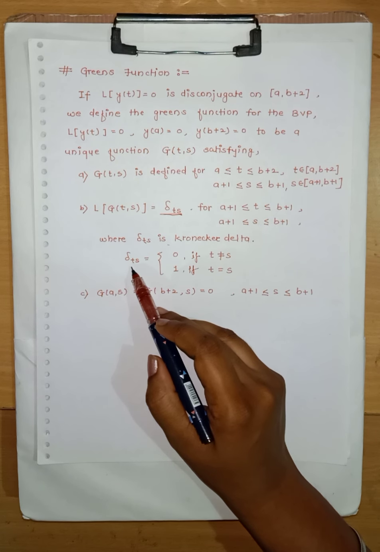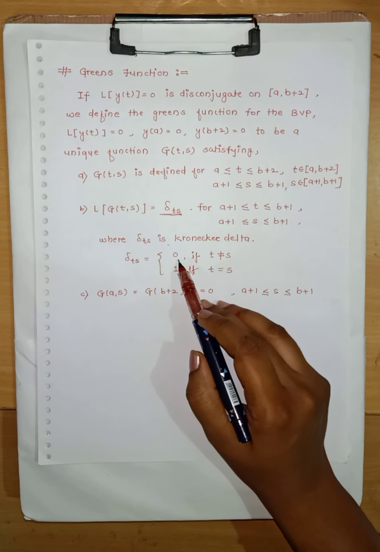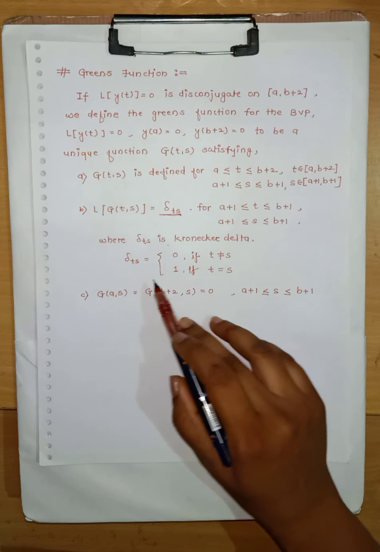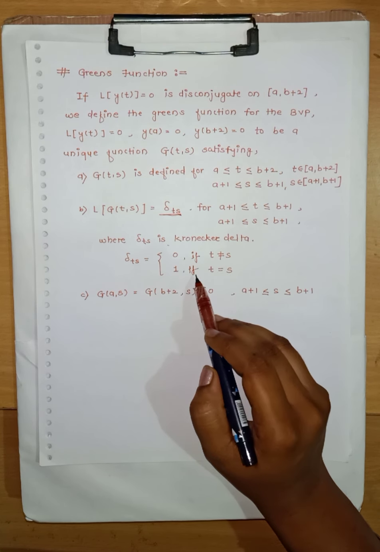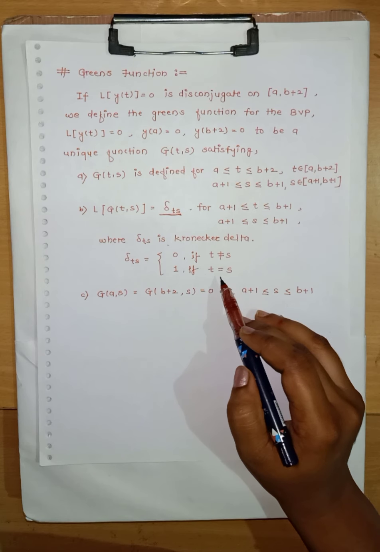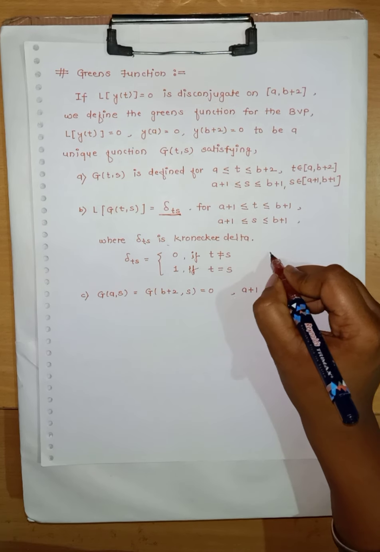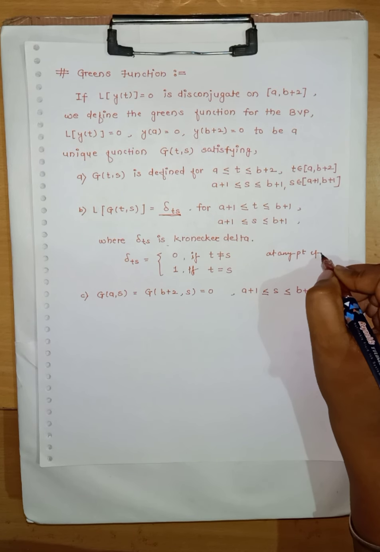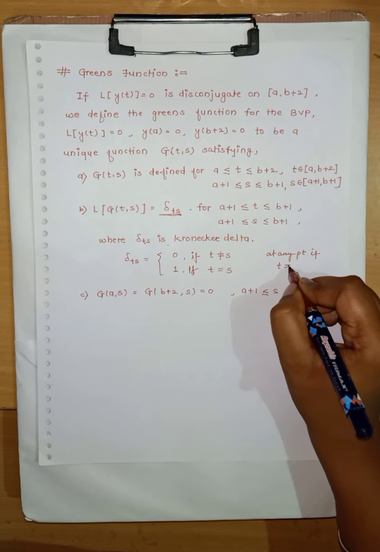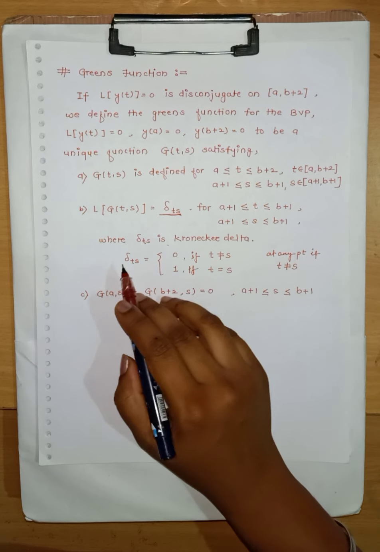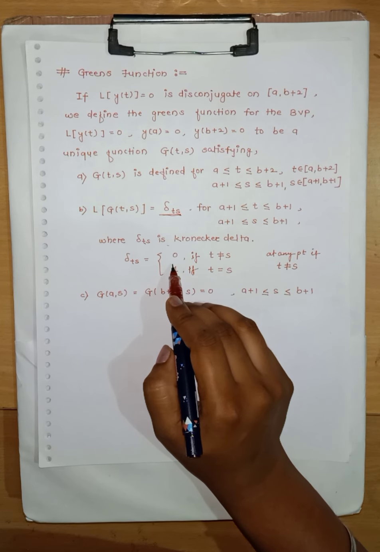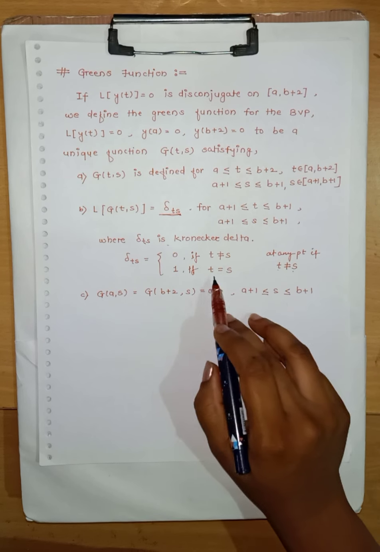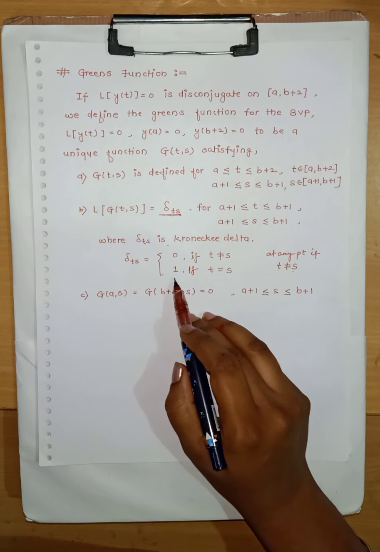The value of delta is 0 if t and s are not equal, and it is 1 if t and s are equal. At any point, if t is not equal to s, then this delta will be 0, and if t and s are equal, then the delta will be equal to 1.